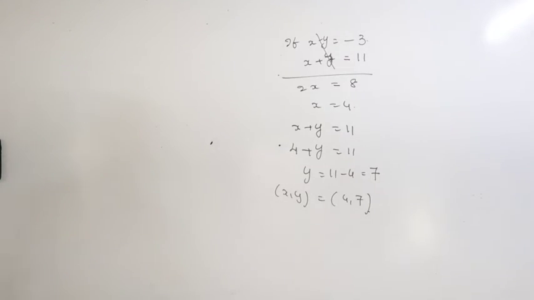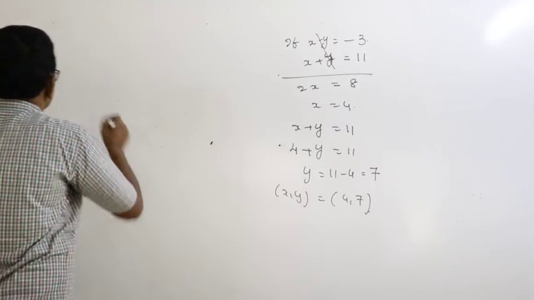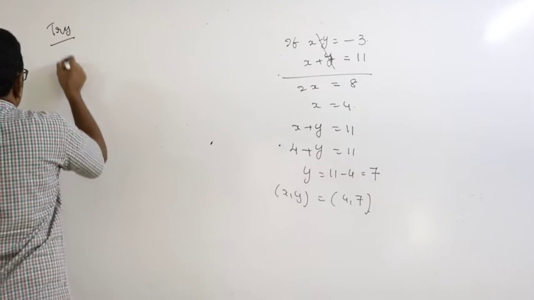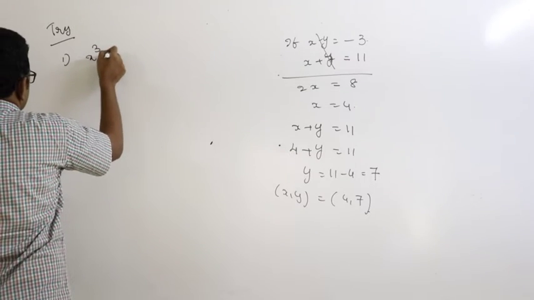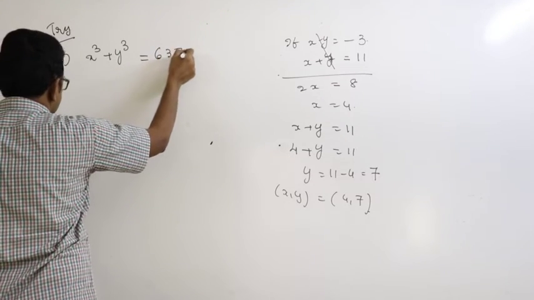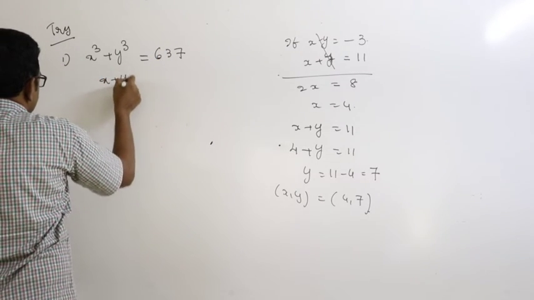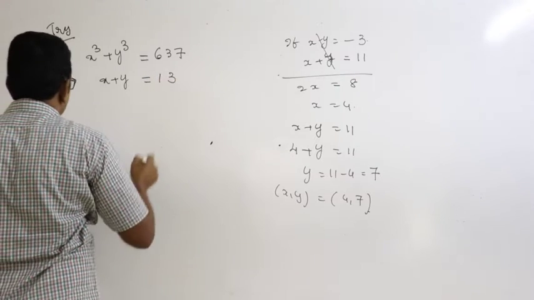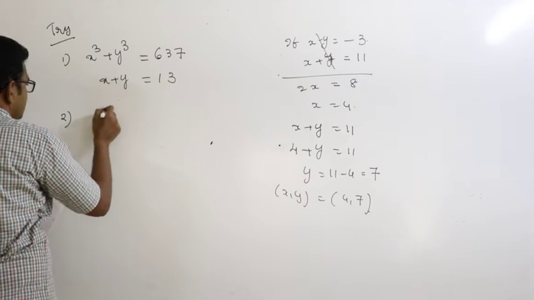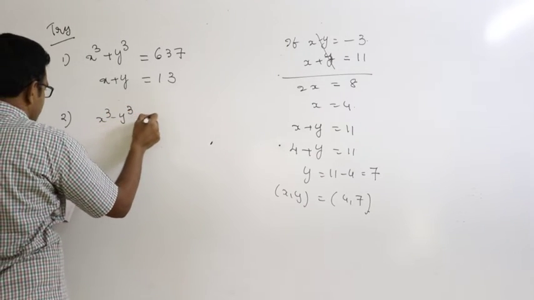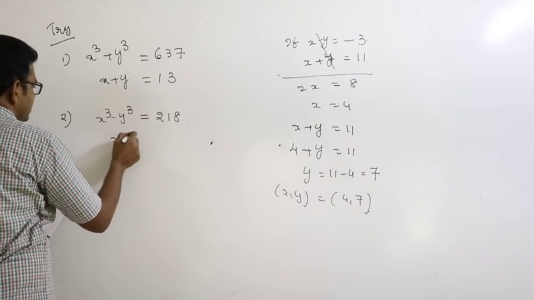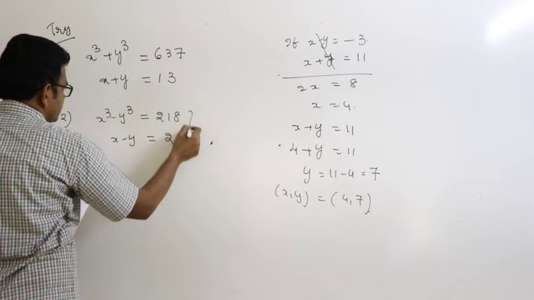For this type, I will give you some problems, you solve it. X cube plus y cube is equal to 637 and x plus y is equal to 13. X cube minus y cube is equal to 218 and x minus y is equal to 2.